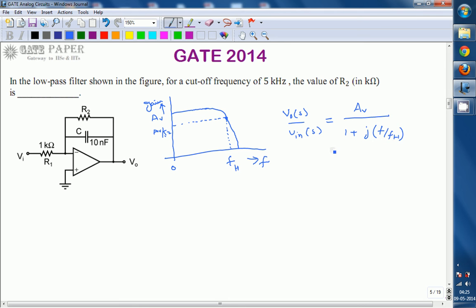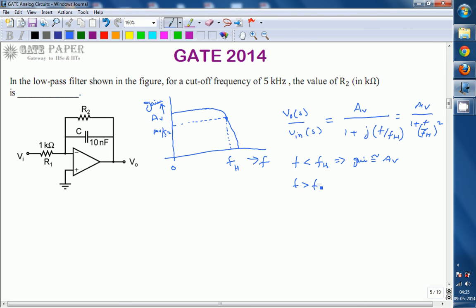From this we can tell that if f is less than fh, the gain is AV divided by the square root of 1 plus (f by fh) whole square. Since f is less than fh, f by fh is very small, so the second term can be neglected and the gain is AV.